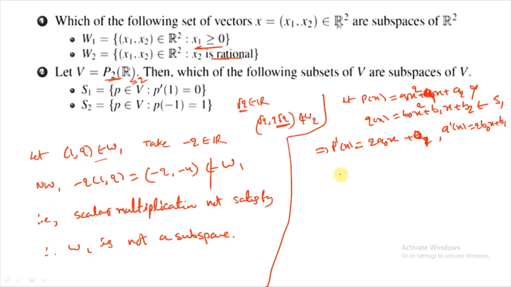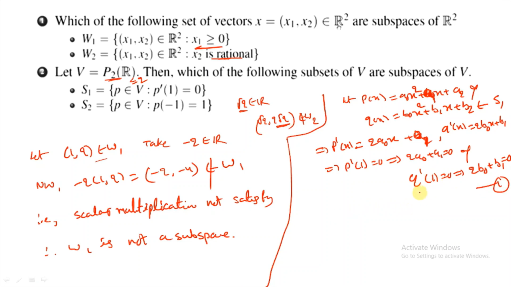Belonging to S1 means it must satisfy P dash of 1 equal to 0. That implies 2A0 plus A1 equals 0, and Q dash of 1 is also 0, which implies 2B0 plus B1 is 0. This is the condition.